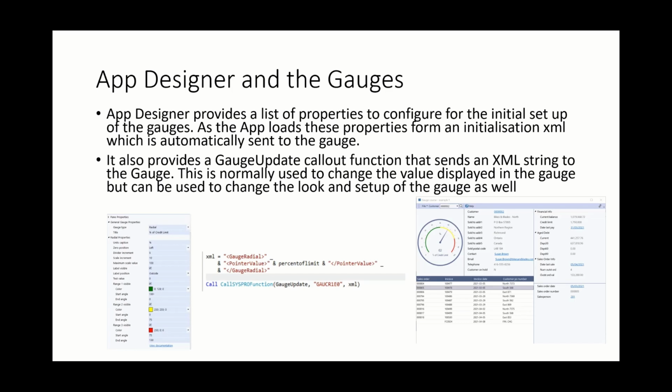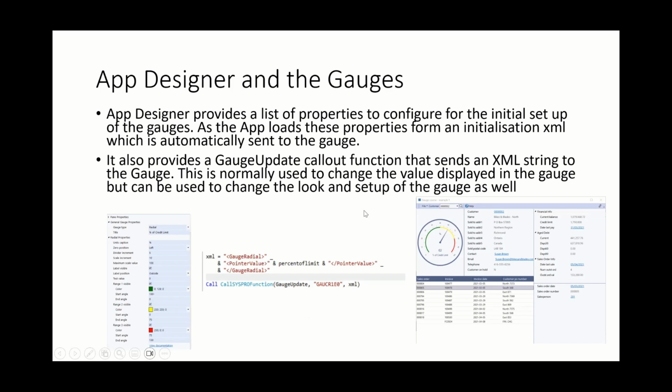Now, what actually happens is App Designer will create this XML and send it to the gauge at startup, so you don't have to worry about that in the VB script. And then within your VB script, all you've got to do is actually send it a value, and the gauge will work.